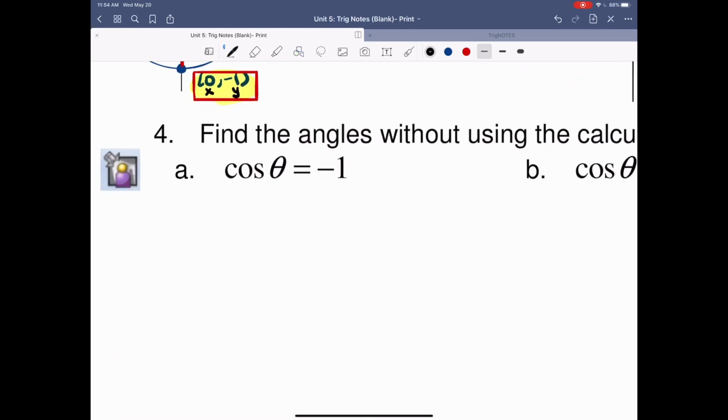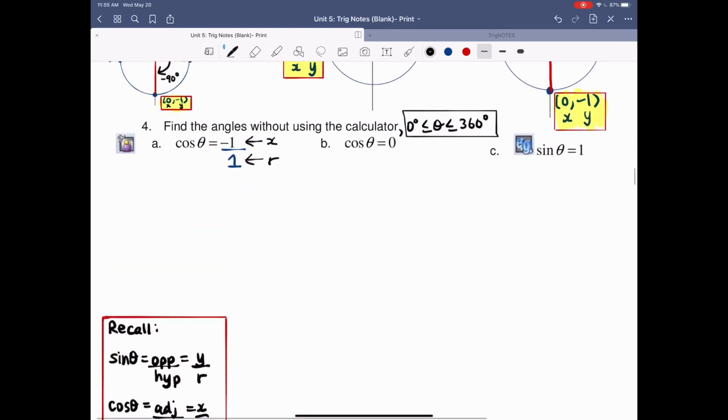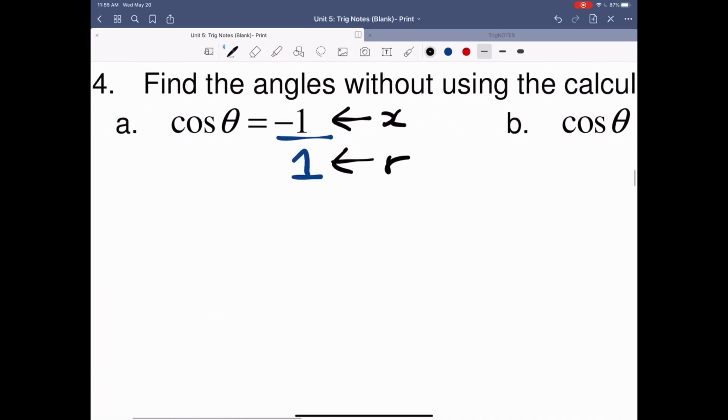So cos theta is equal to -1. And so I'm going to put this with the radius of 1, because when you have a number and there's no denominator, any number has the denominator of 1. And so this is the x and this is the r, and that's based on my summary. So I can go straight to my unit circle, but in case you need to see this, recall that x squared plus y squared equals r squared.